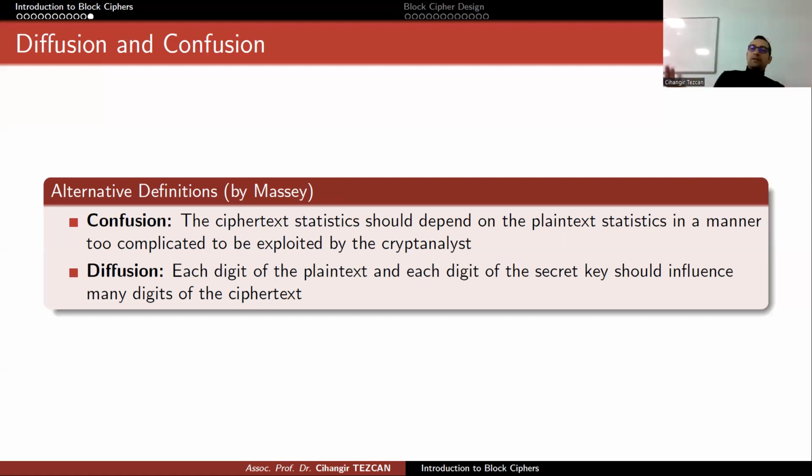So statistically speaking, assume that I have a plaintext and a secret key, and I obtain a ciphertext, okay? If I flip a single bit of the plaintext, I would expect half of the ciphertext bits to be flipped. This is what the expected value means, which we talked about last week, right?